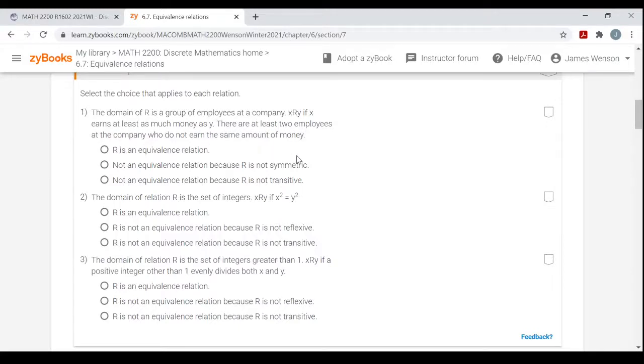So they're telling us there that not everyone makes the same amount.